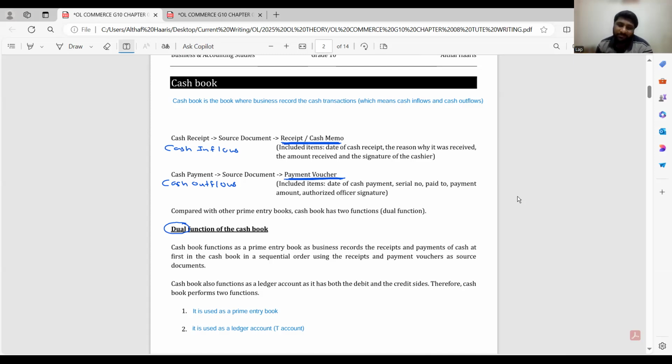So that's why we are calling cash book as having a dual function. What are the dual functions? Acting as a prime entry book, and acting as a T account, a ledger account.